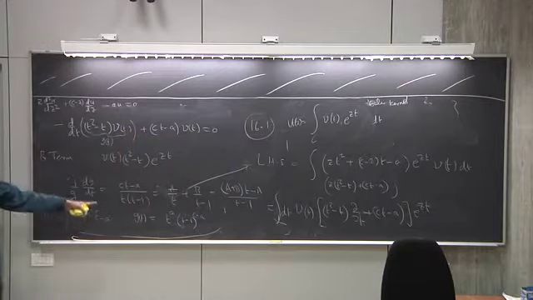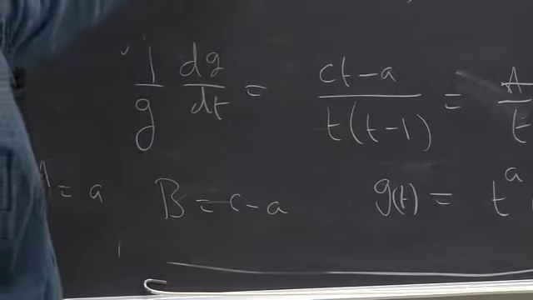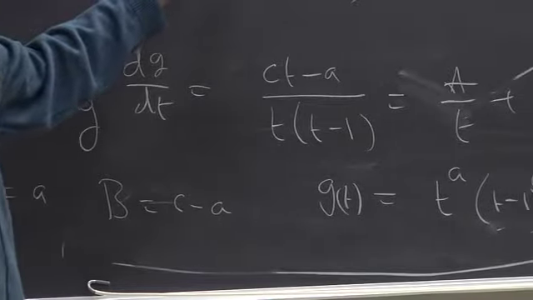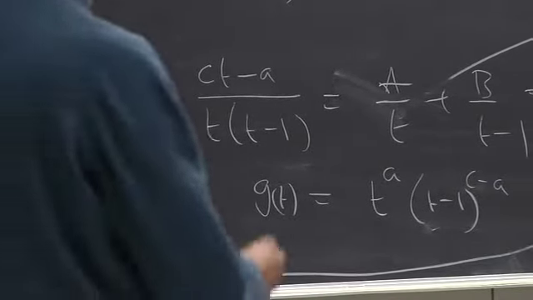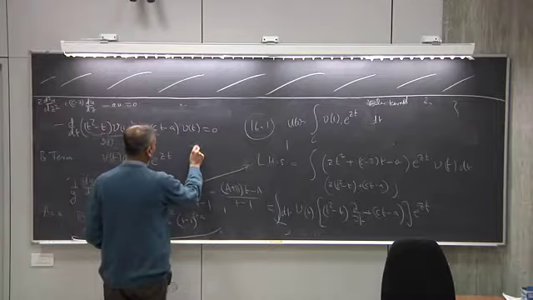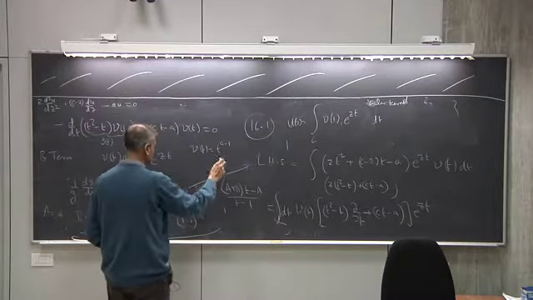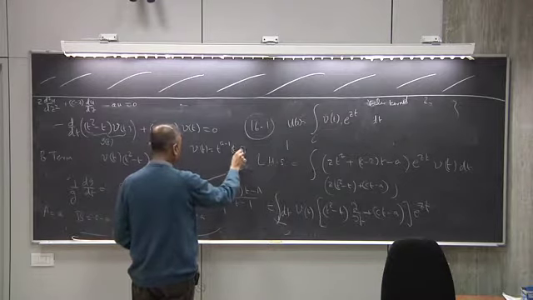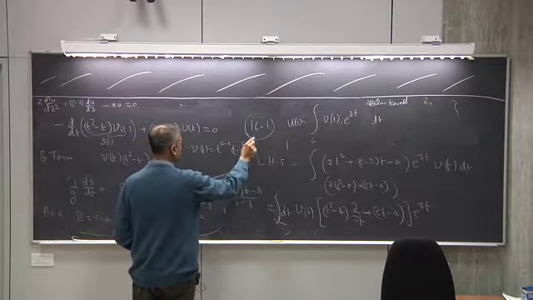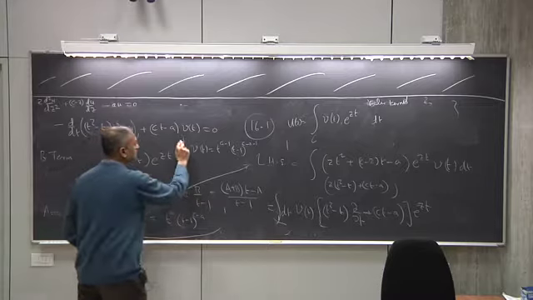That is g, and therefore v is simply g divided by t times (t minus 1). So we conclude that v of t is t to the power of a minus 1 and (t minus 1) to the power of c minus a minus 1. That's the solution.